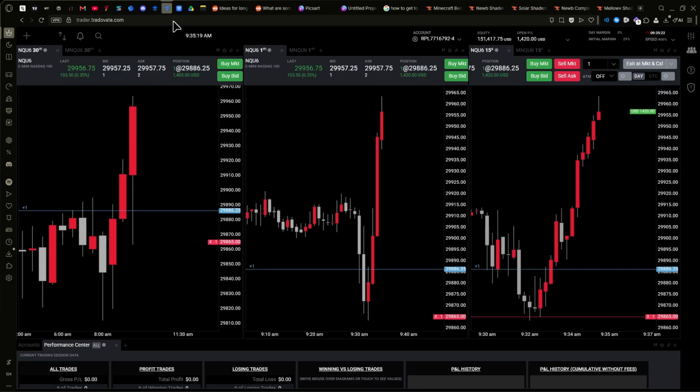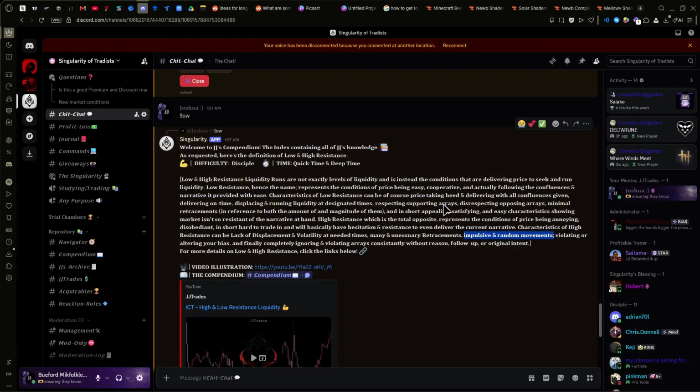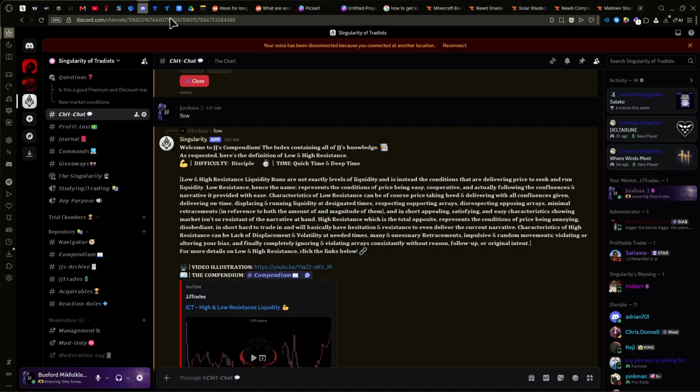Or in other words, if you want to see the characteristics again, price taking heed and delivering with all confluences given, delivering on time, displacing and running liquidity at designated times, respecting supported arrays, disrespecting opposing arrays, and minimal retracements. You're going to see all those characteristics come into play on this day.